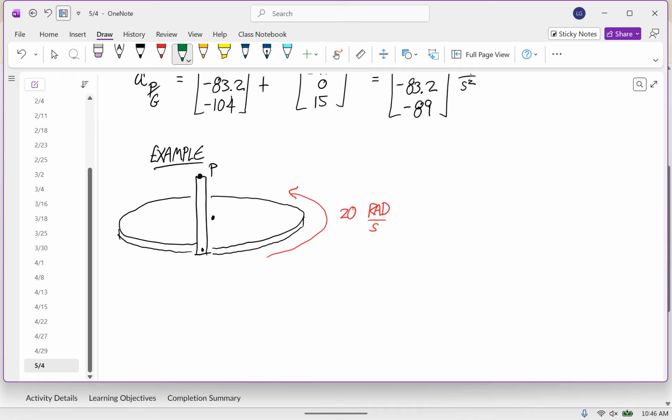And then the arm is going to rotate on top of that disc at 40 radians per second and at 100 radians per second squared. And we want to calculate the acceleration of that point P.